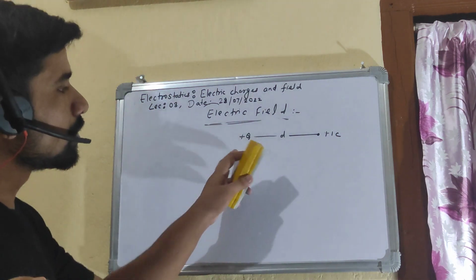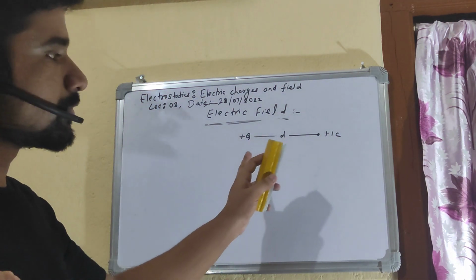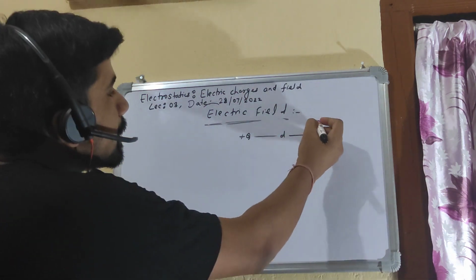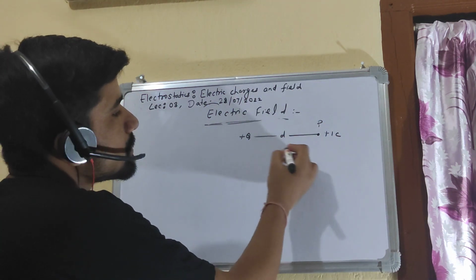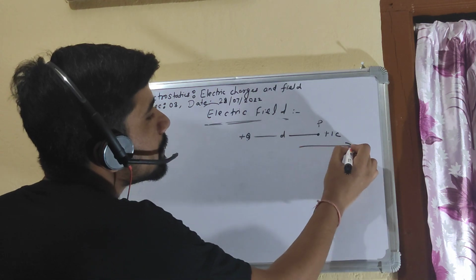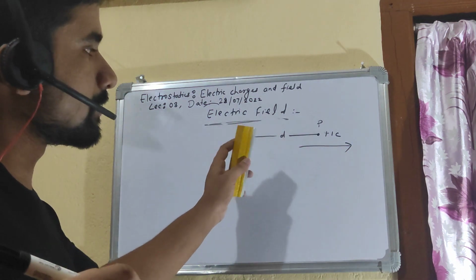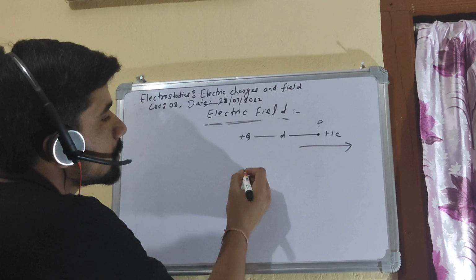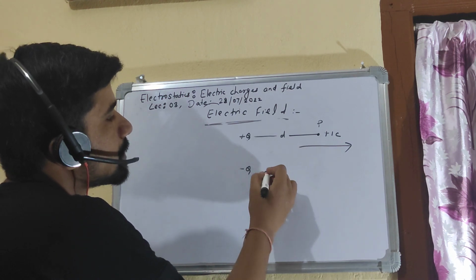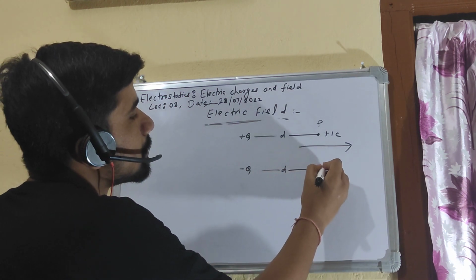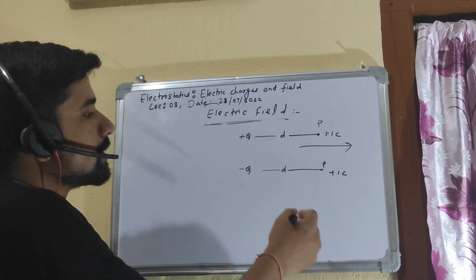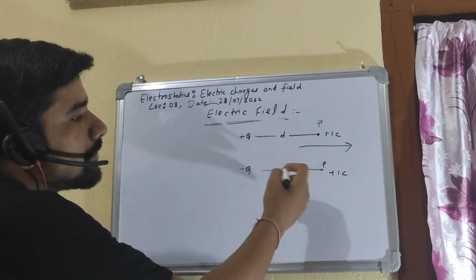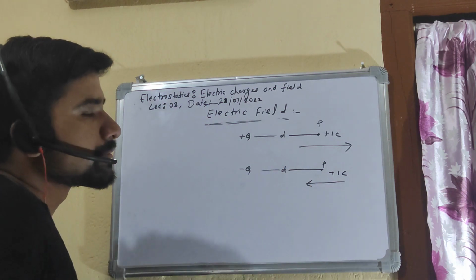Now for the direction of electric field at this particular point P, these two are positive charges, and this Q will repel it away from itself, right? But in place of this plus Q, let's say I put a minus Q and calculate the field at this particular point. Now this is a negative charge and we have unlike charges, so it will attract, right?